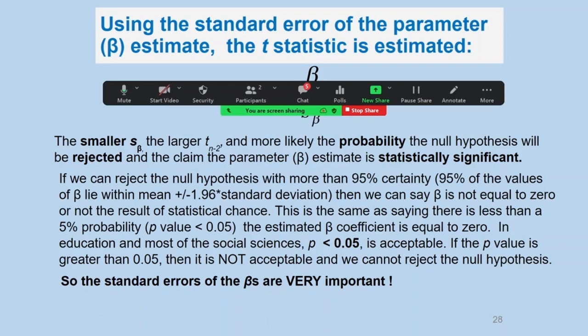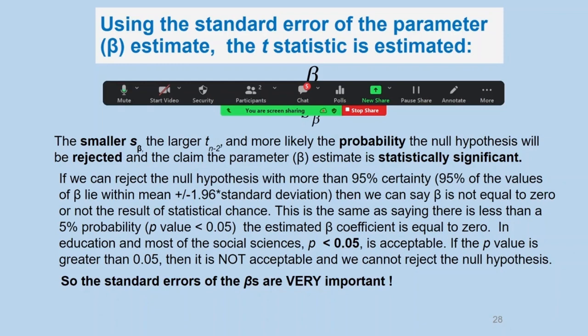This is the same thing as saying there is less than a 5% probability. Remember what I talked about, the p-value being less than 0.05: there is less than a 5% chance that the estimated coefficient is equal to 0.